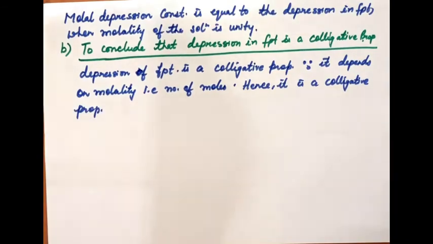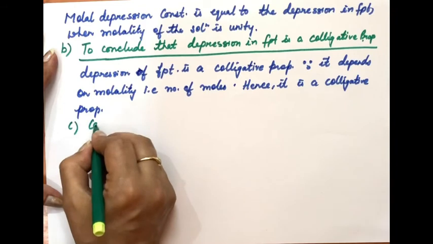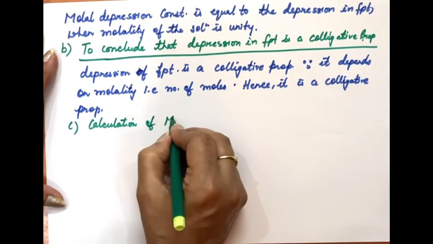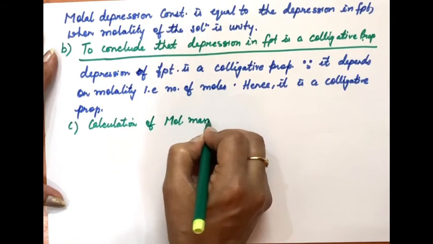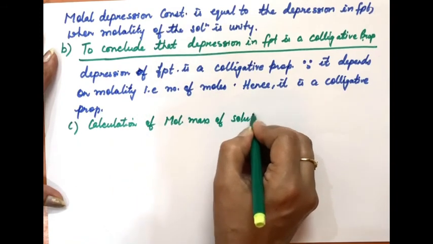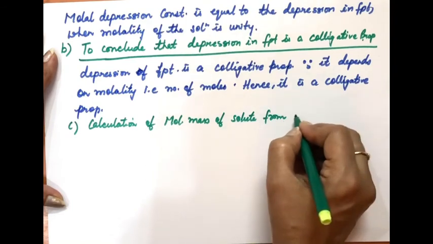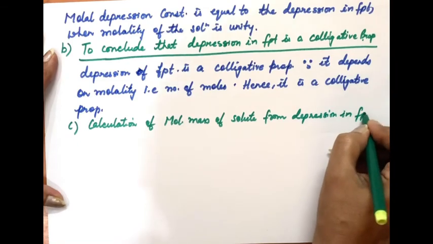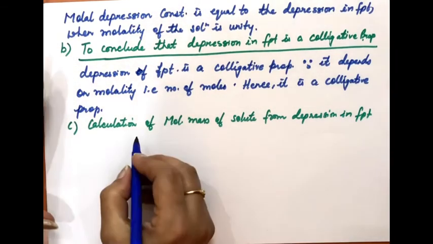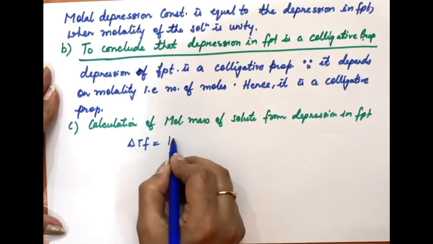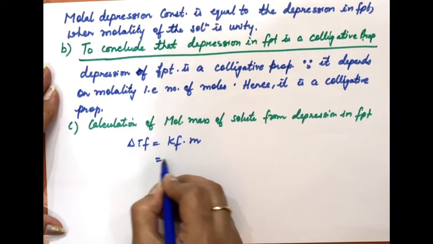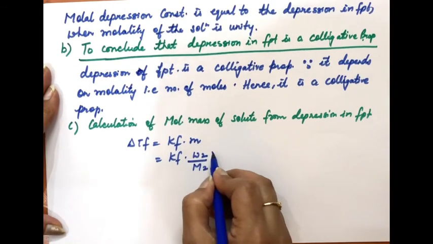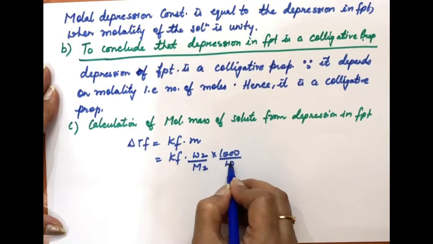Now moving on to the third part of this colligative property, that with the help of this colligative property also we can calculate the molecular mass of solute from depression in freezing point. As in the formula we have delta Tf is equal to Kf into m, and then molality we know is equal to mass of solute upon its molar mass into 1000 upon mass of the solvent.